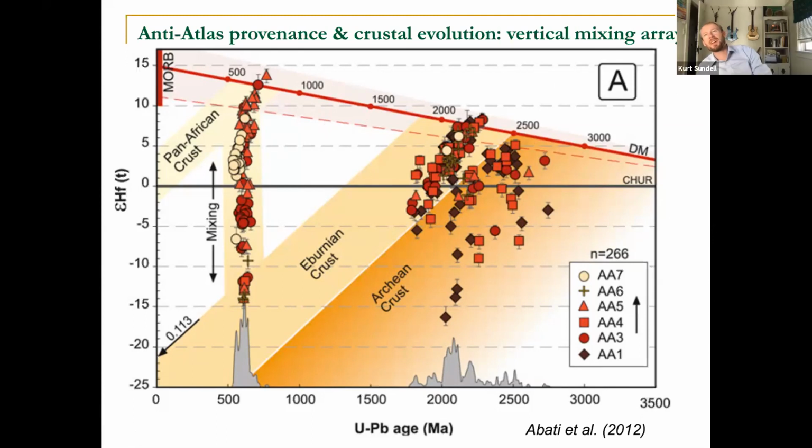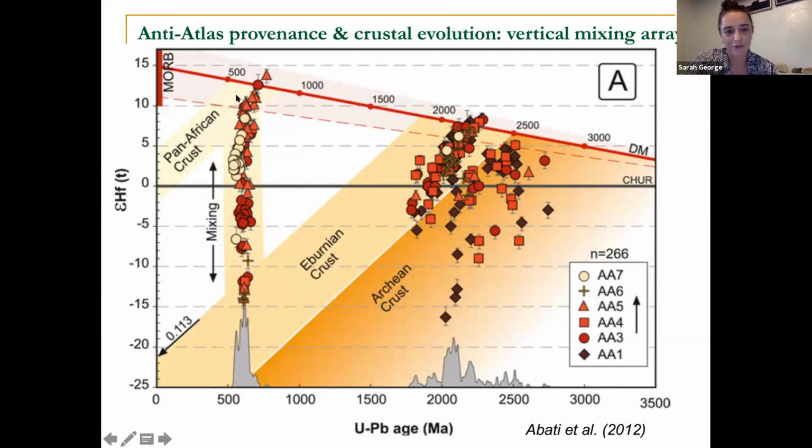Yeah, we're getting a lot of answers. Basically, need new juvenile. That's what I would say too. So we have remelting of some old stuff, but we've also got some new input. Maybe I'll just ask the question, what do you think about calculating TDM from all of those analyses that are along the mixing array? That would suggest there was mantle extraction pretty much continuously from 2 billion years ago until 600 million years ago, right?